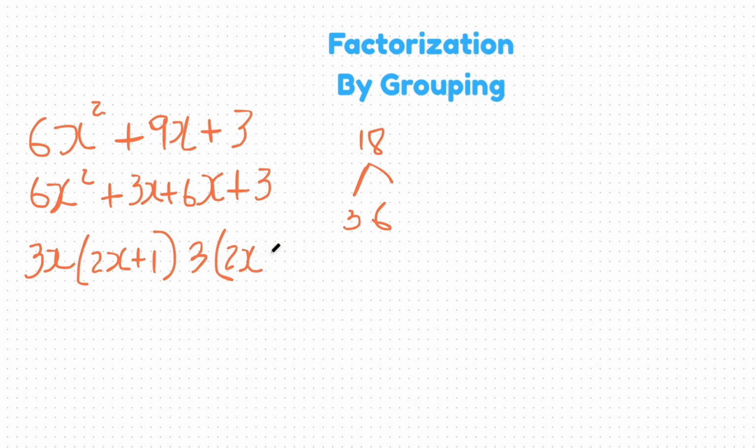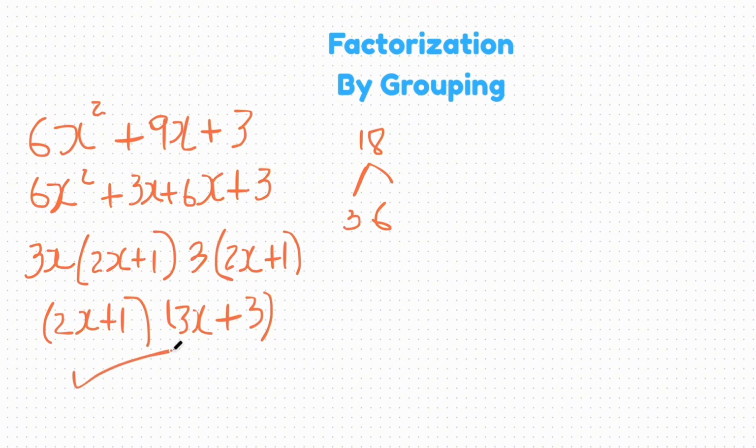Positive 3 divided by 3, that's positive 1. We have 2x plus 1 twice, so you only need to write it down once, so 2x plus 1, close our bracket, then 3x plus 1. And this is our answer.